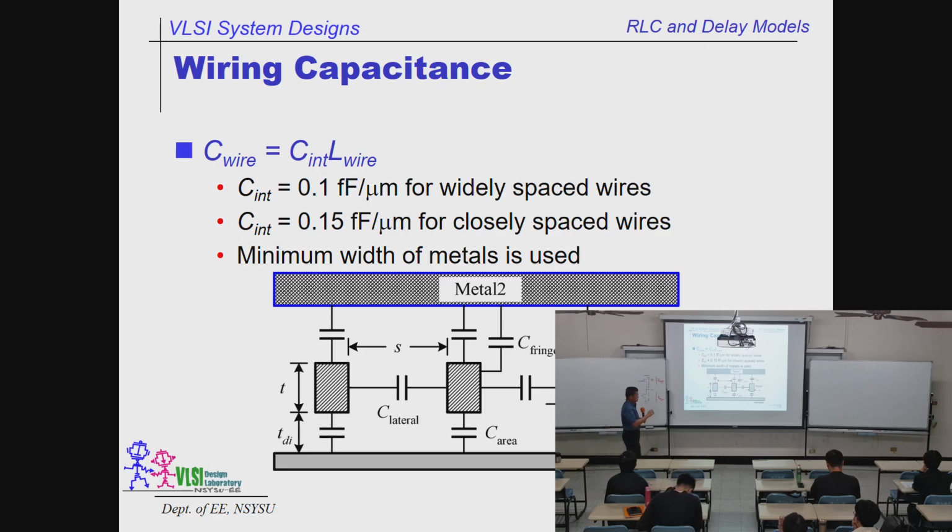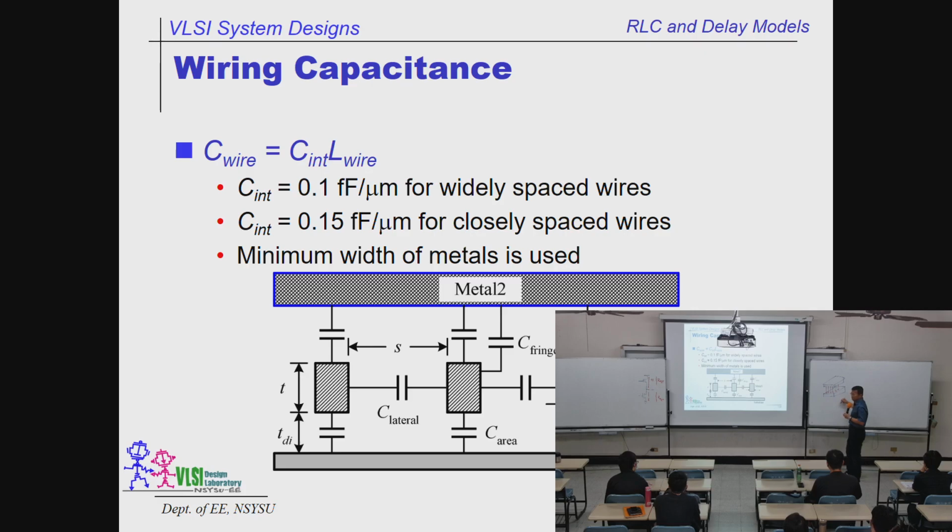Even though we give a very ideal assumption of two parallel plates, two parallel conductors, we assume that the electrical lines go this way. That's how the capacitance is formed.